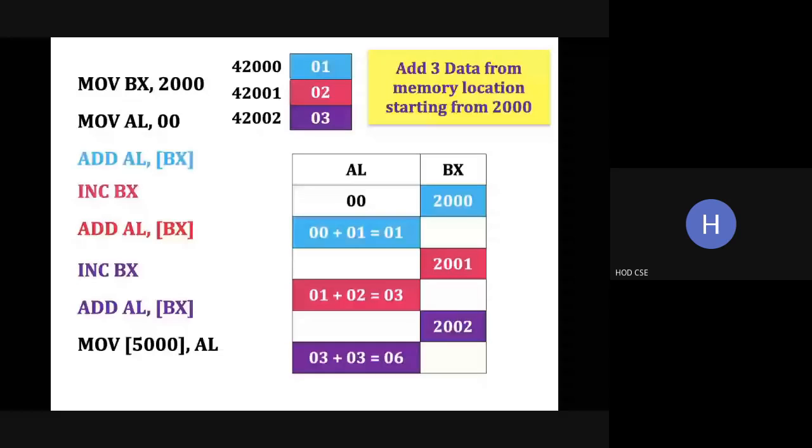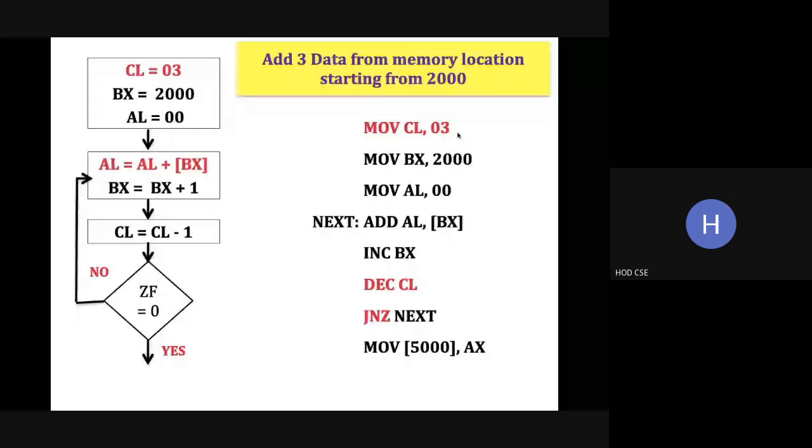Suppose you want to add n number of data, we cannot repeat this process. The repeated process is add AL, BX and increment BX. These 2 instructions come repeatedly. So I'm going to use a counter value. The number of times we are going to repeat this process is available in the CL register.